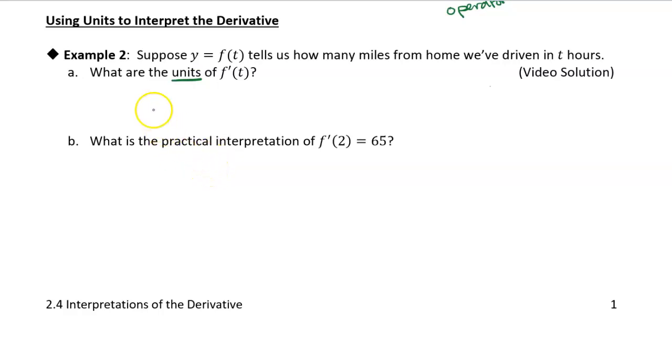Well, first of all, we know that f prime of t is the derivative of the function, and the derivative is essentially the average rate of change of the function over a very small interval.